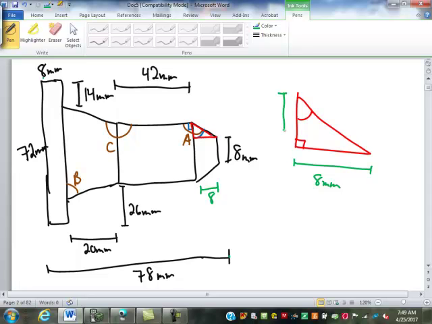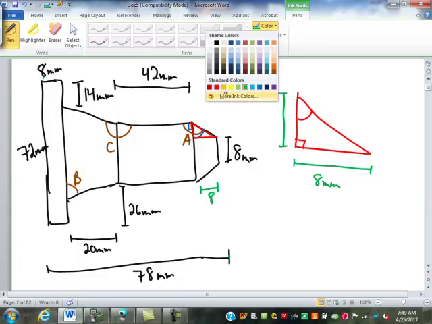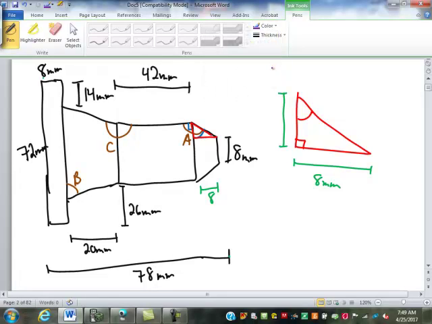How about this side? Well, what's the radius here? 36. Good. What's the radius have to be here?